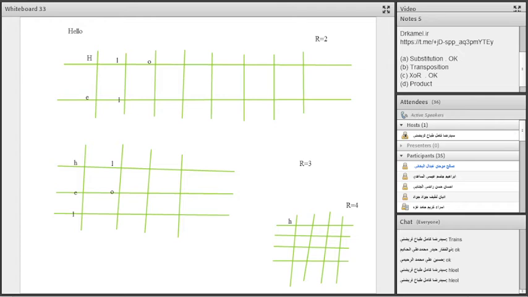Hello again with R equal to 4, it's H and then E and then L and then L and here it's O, so it becomes HOEL. You see, 3 different values of R, and we encrypt it in 3 different ways.